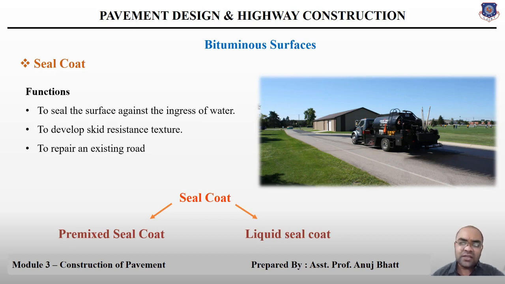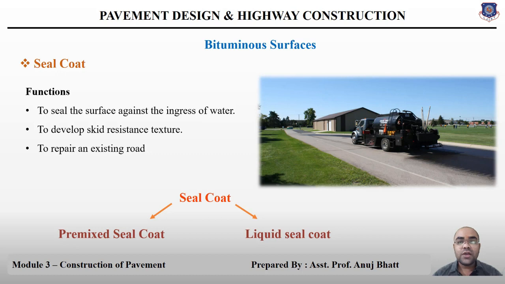On this bitumen, aggregate of 6 millimeter size is sprayed at the rate of 0.09 meter cube per 10 meter square area. And then after applying that material, the surface has to be rolled by a light tandem roller. So this is all about the liquid seal coat.